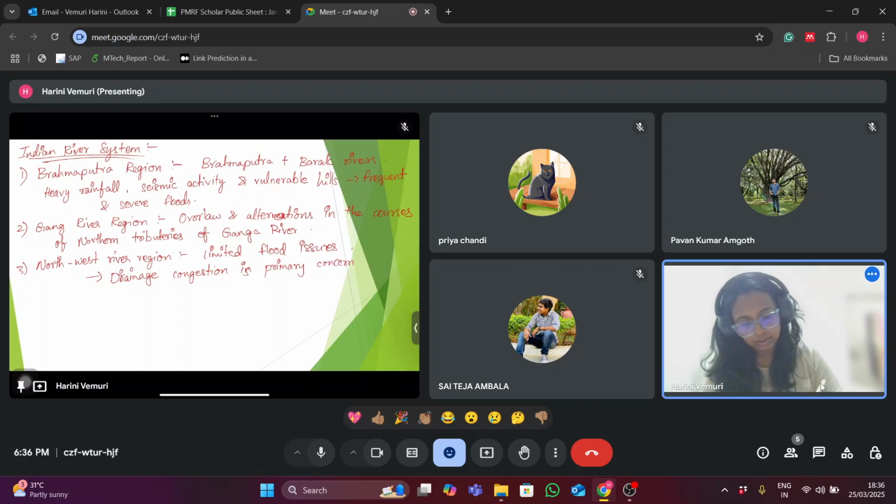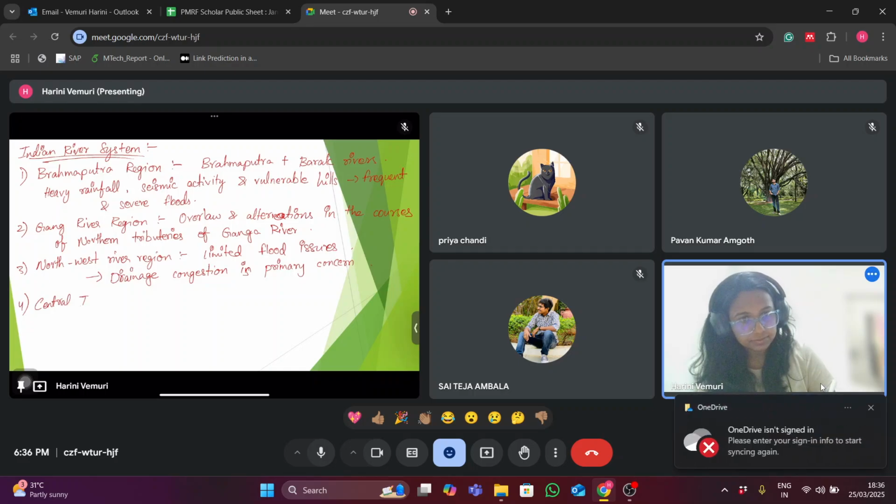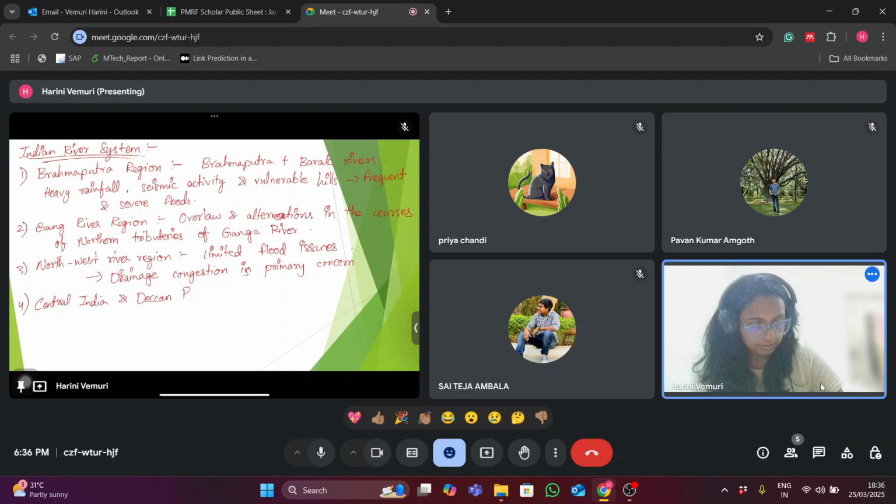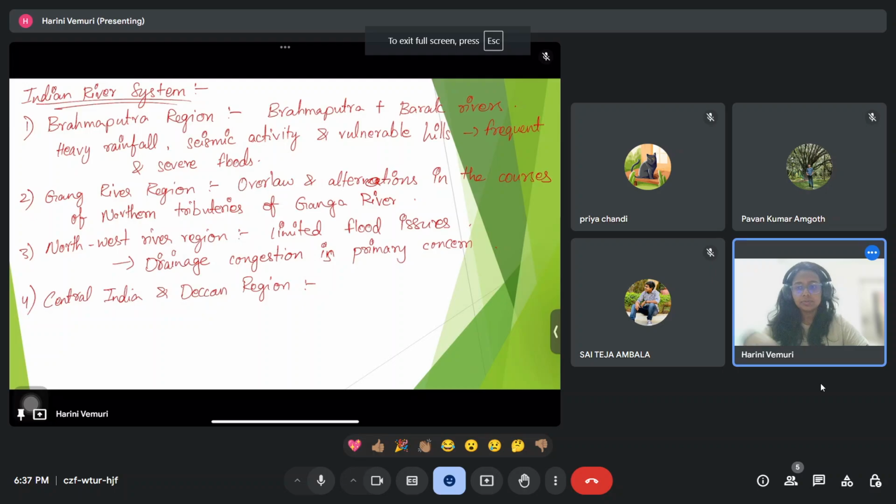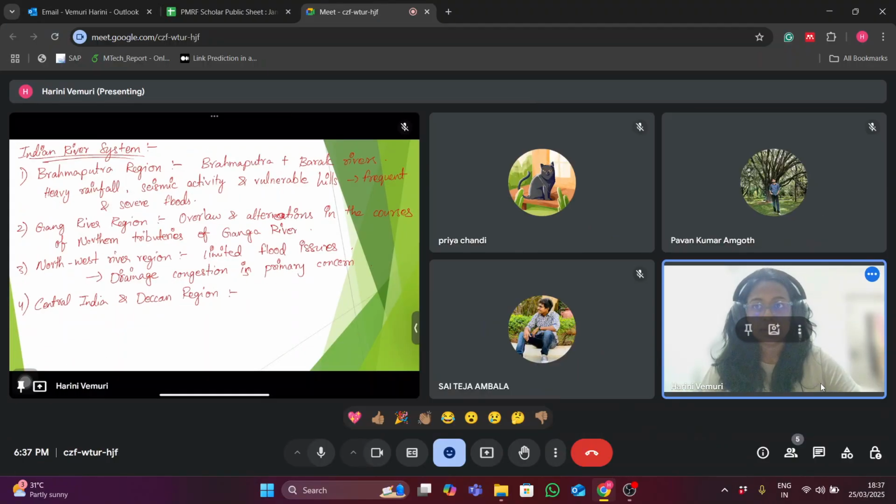Then the fourth and last one is Central India and the Deccan region. Here, mostly east coast rivers have embankments.